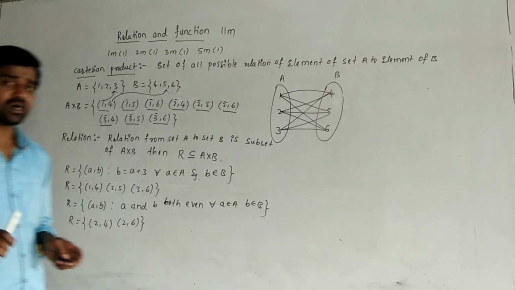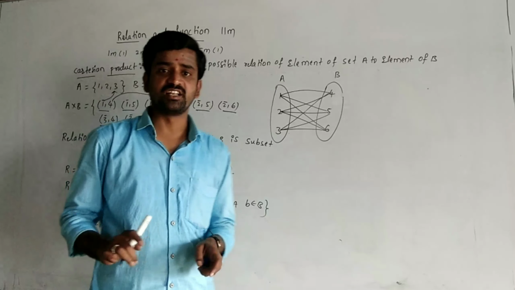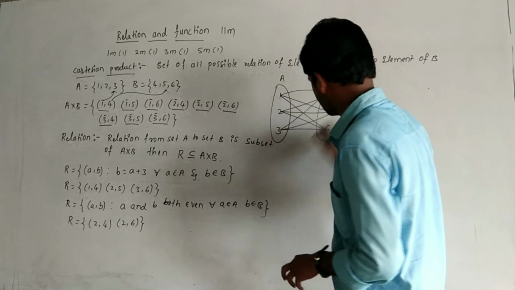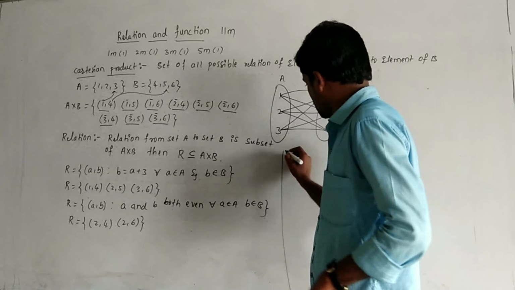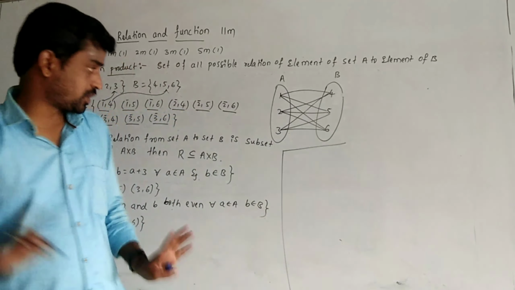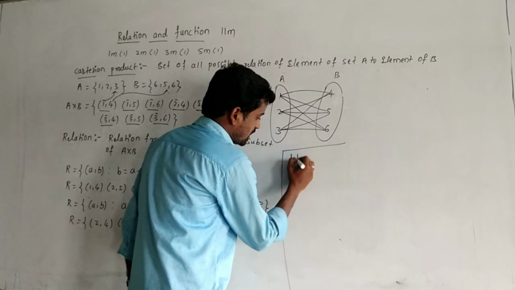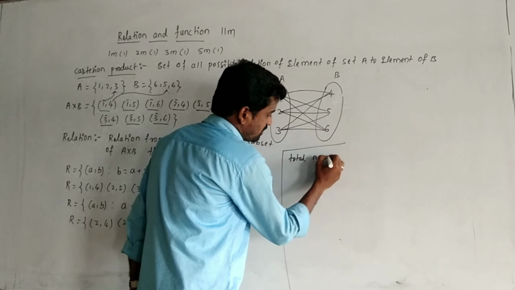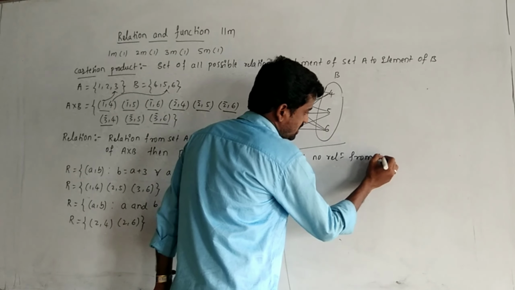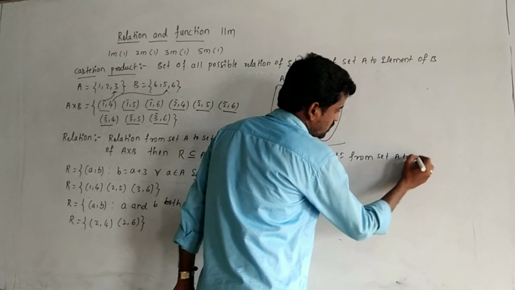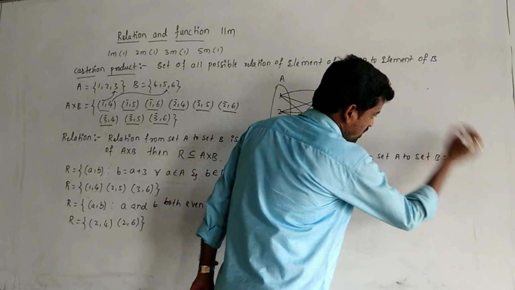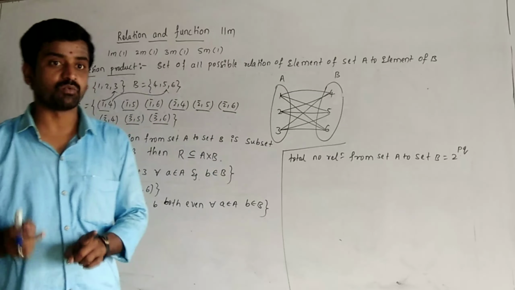Then total number of possible relation from set A to set B is 2 to the power of PQ. Total number of relation from set A to set B is equal to 2 to the power of PQ. What is P and what is Q?